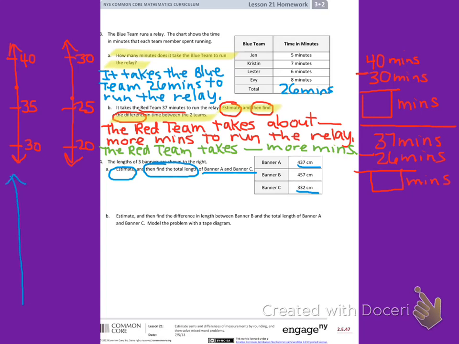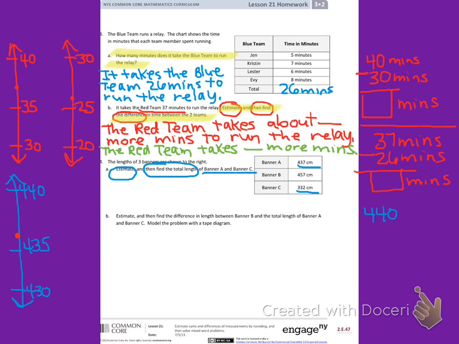Here's the vertical number line. 437 comes between 430 and 440 with a halfway point of 435. Plot the number 437. It's closest to 440. Write it down.